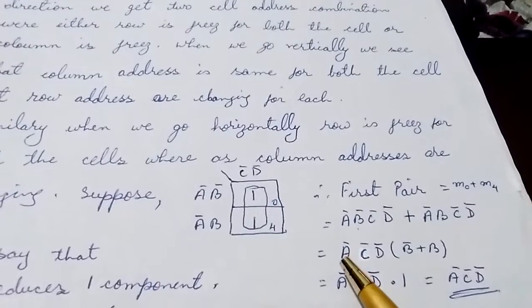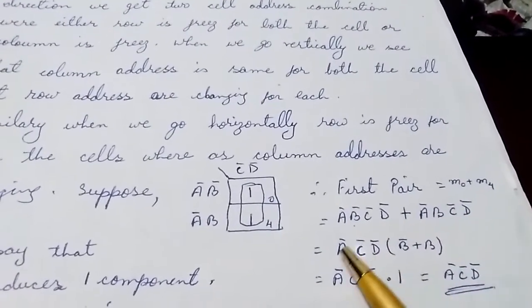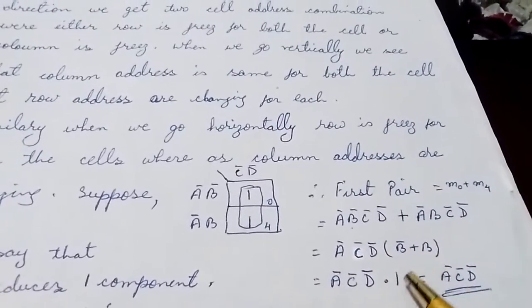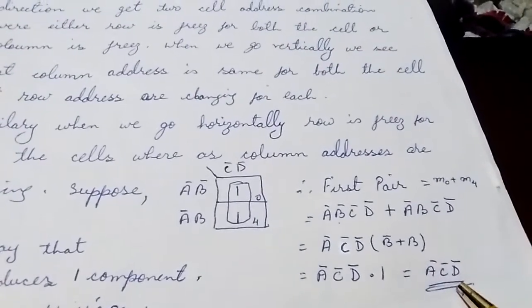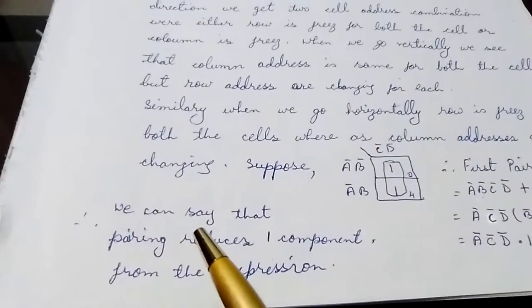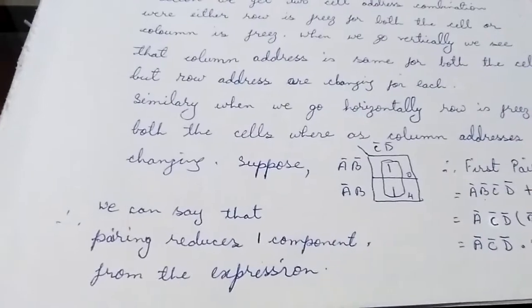From this SOP expression, B bar plus B will reduce to 1 and we get the answer A bar C bar D bar. Therefore, we can say that pairing reduces one component from the expression.